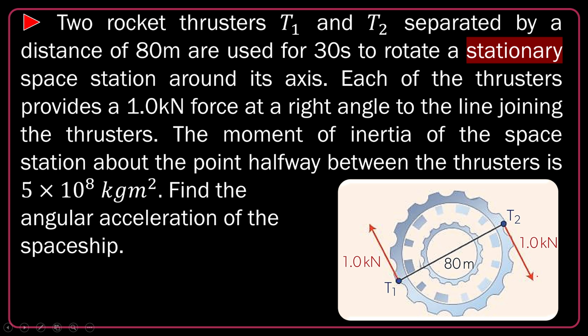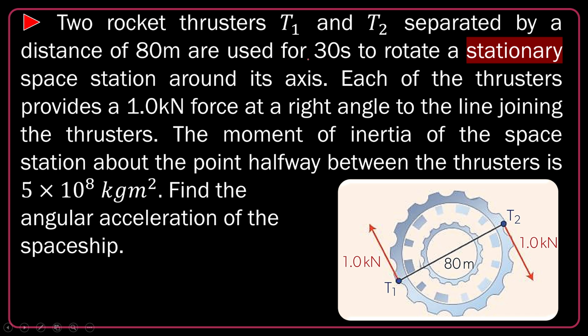So we have two forces, 1 kilonewton and 1 kilonewton, equal and opposite, separated by 80 meters. This space station seems to be like a disk, and the diameter of the disk is 80 meters, which is also the separation between the forces. The forces are parallel, and fortunately this 80 meters is exactly the separation we use for finding the torque due to the couple.